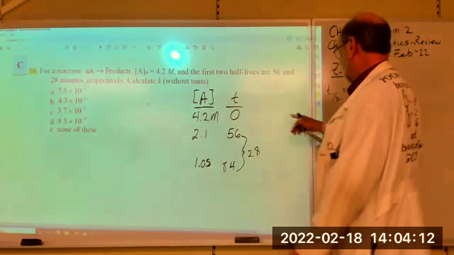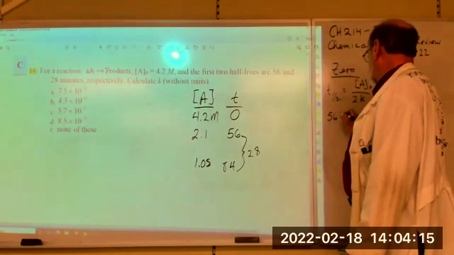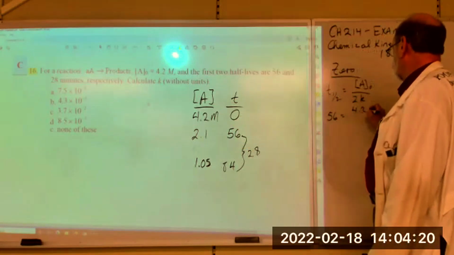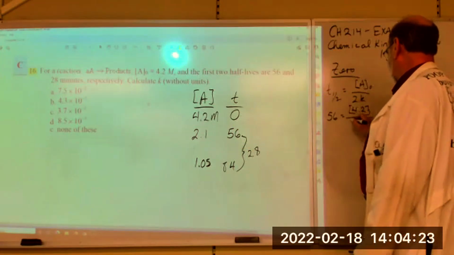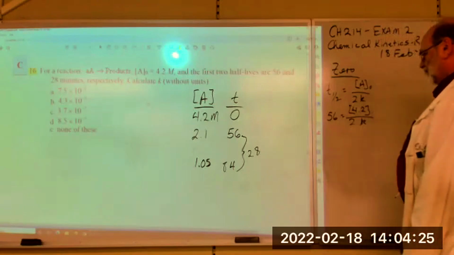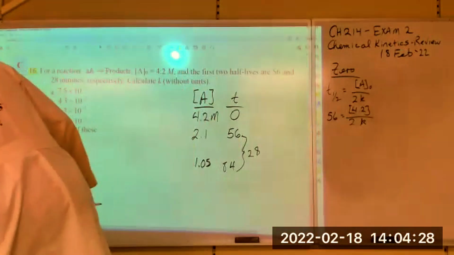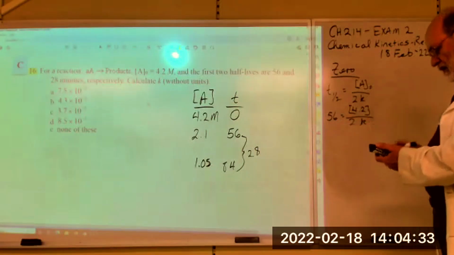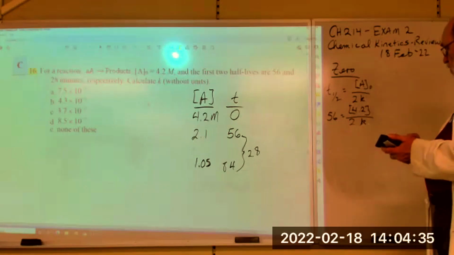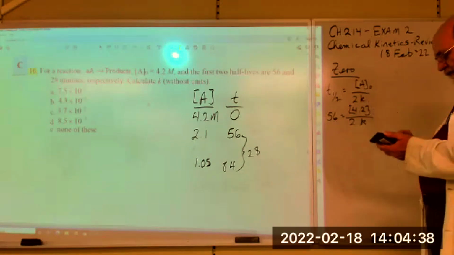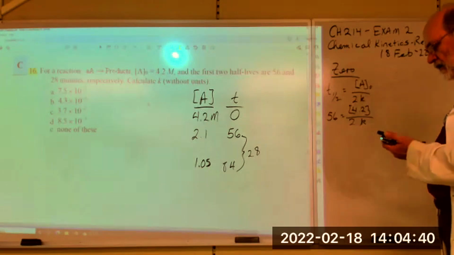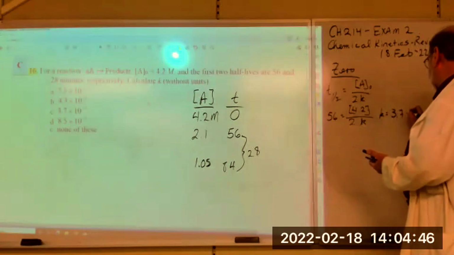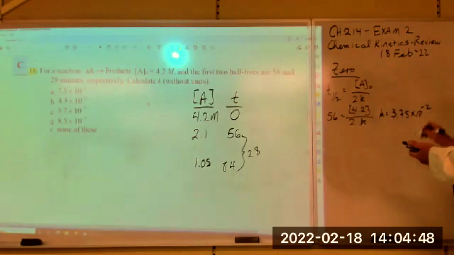So for the first one, half-life of 56 should be equal to 4.2 times 2K. So we solve for K: put K over here and 56 over there. 4.2 divided by 2 and then divided by 56 is 3.75. So K equals 3.75 times 10 to the minus 2.